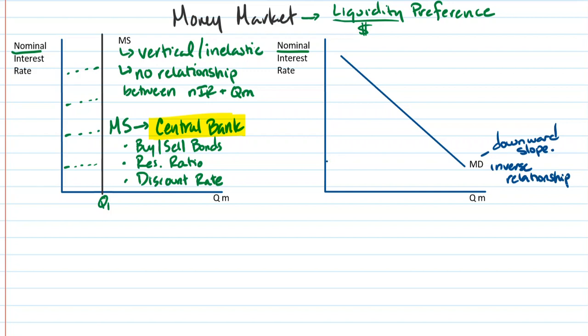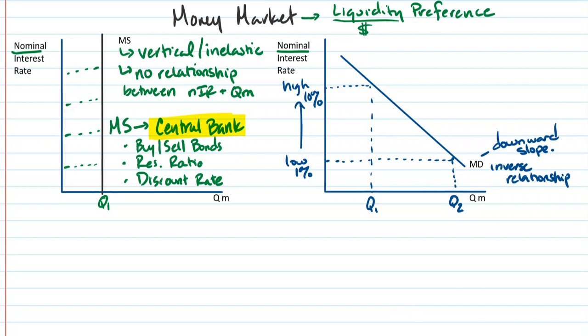What this really means is that at a low interest rate, say something like 1%, the quantity of money demanded will be relatively high. But if we increase the interest rate to a higher rate, say 10%, then the quantity of money demanded in this market will be significantly lower.